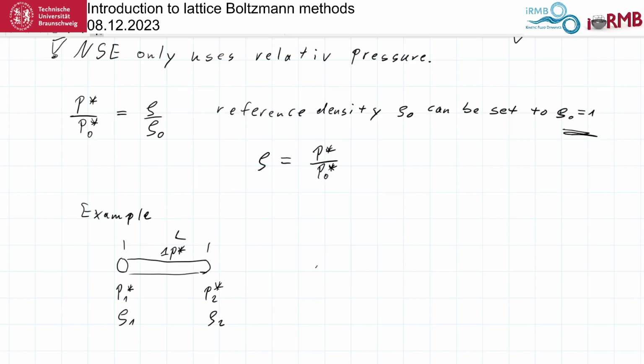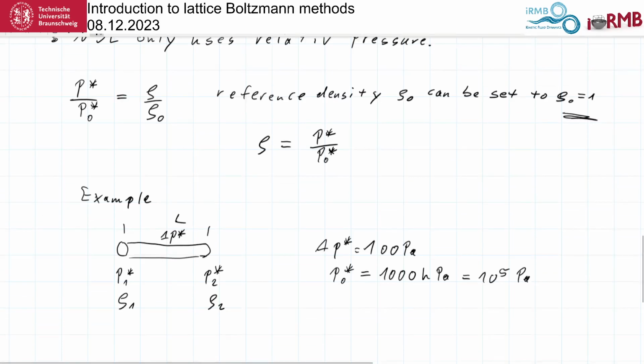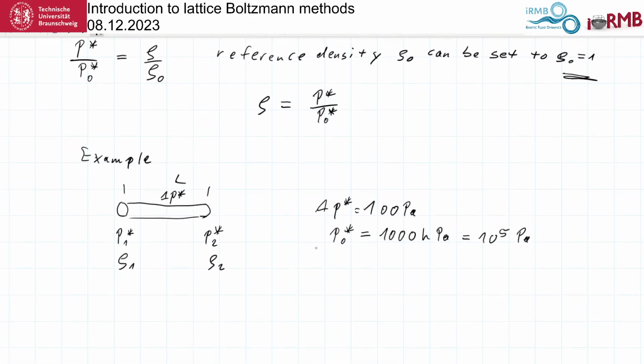Let's say the pressure difference in our example would be 100 Pascal, and the atmospheric pressure would be 10,000 hectopascal, which means it's 10 to the 5 Pascal. So rho 2, our outflow, is our rho 0, and our rho 0 is set to 1.